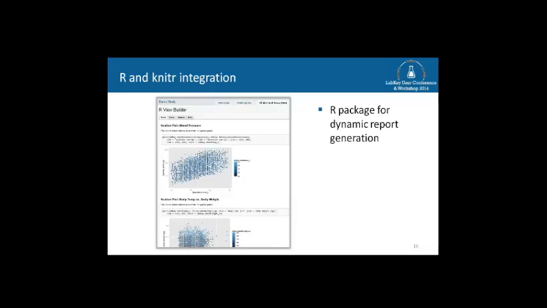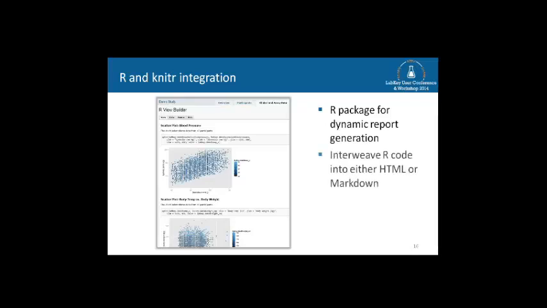So the R knitr integration is less of a case study that we wanted to discuss. Knitr itself is an R package that can be used for more dynamic report generation, where the writer of the report has a lot more control over the layout of the report and how it looks. This was used by some of the groups that did a presentation yesterday.